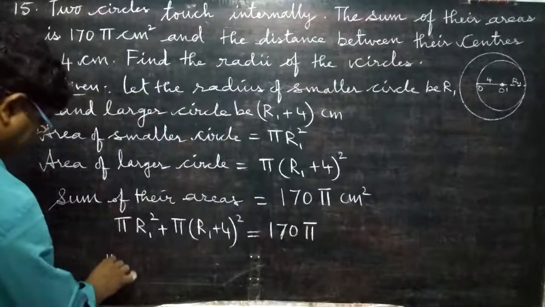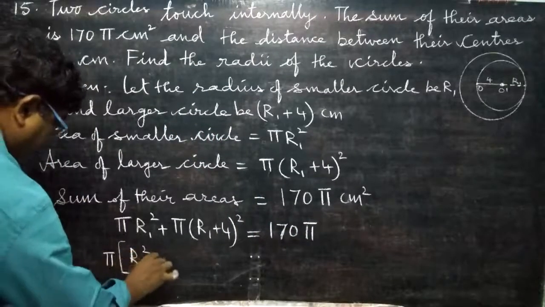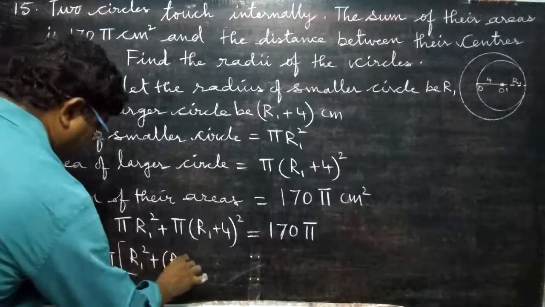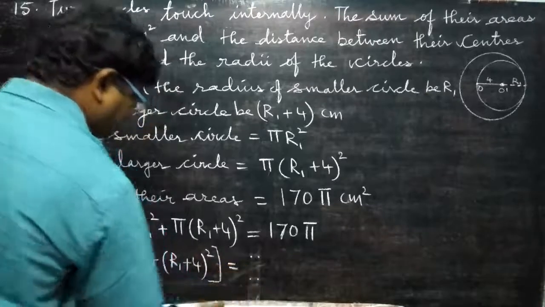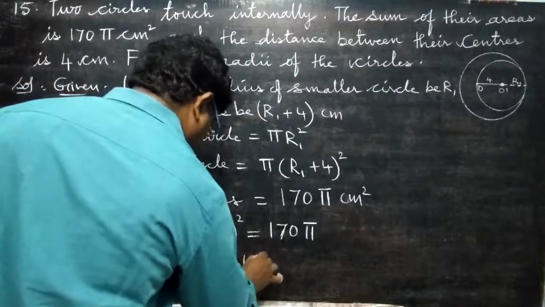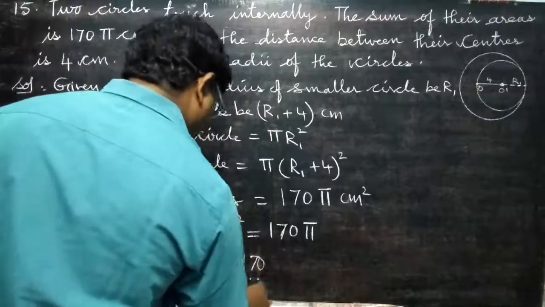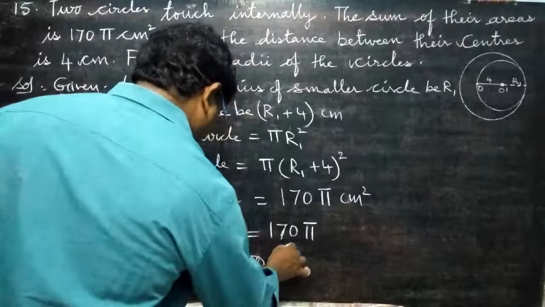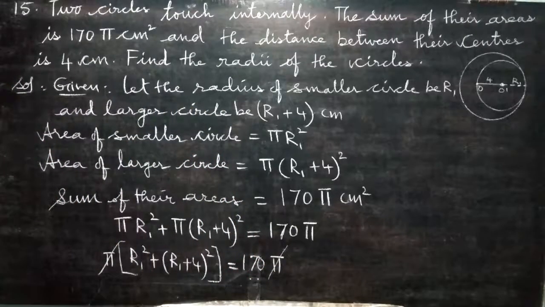Take pi common. If you take pi common, R1 square plus R1 plus 4 whole square is equal to 170. Now pi gets cancelled. Pi you can cancel.